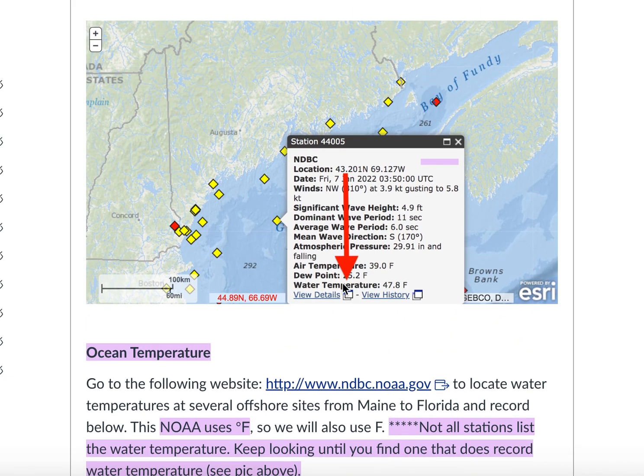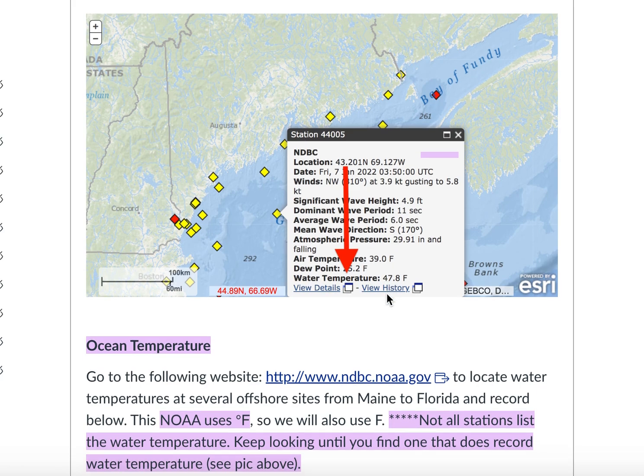I show you on this picture that when you click on a buoy, which are any of these yellow things or even the red, different buoys out in the ocean taking down different data, run or maintained by the government, all the data from that buoy pops up. You'll have to look towards the bottom, but it says water temperature 47.8 degrees Fahrenheit.